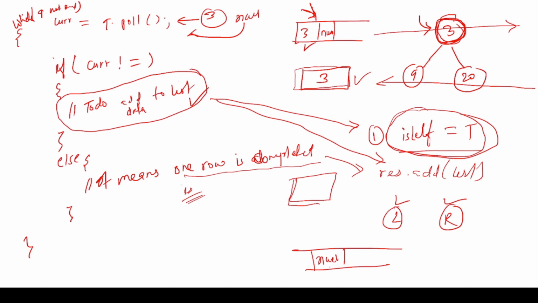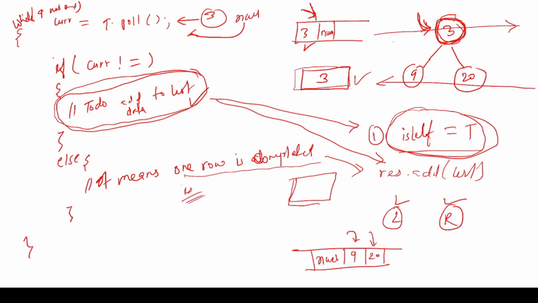Then we will use add last. We'll add 9 and then add last this one. Why will we do this? Because first we will check whether the root, the current, is null or not.